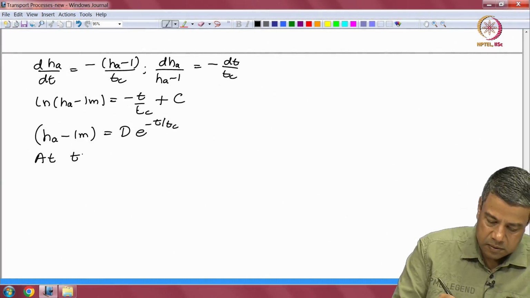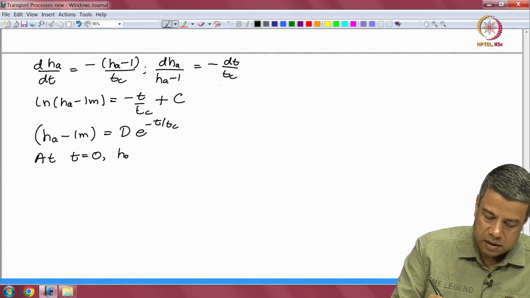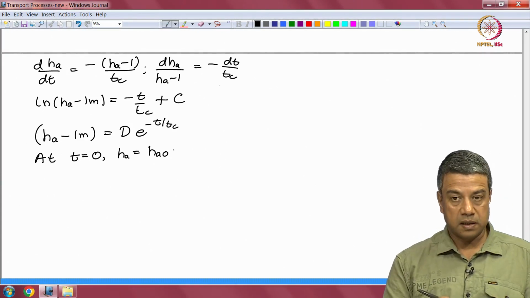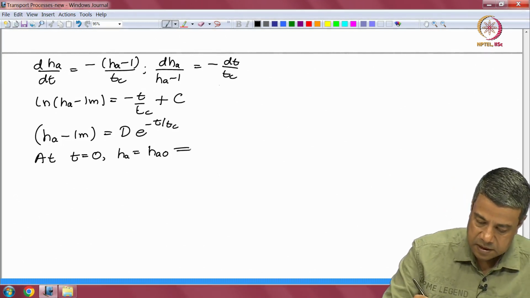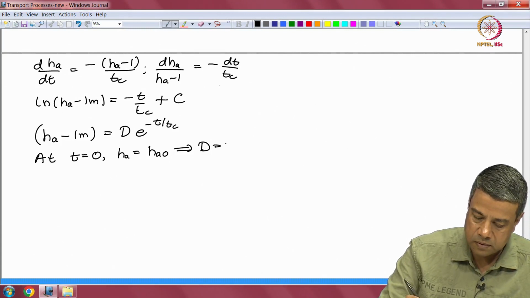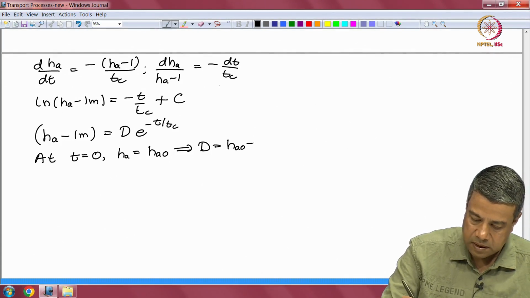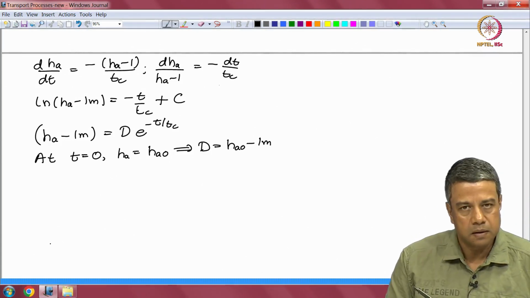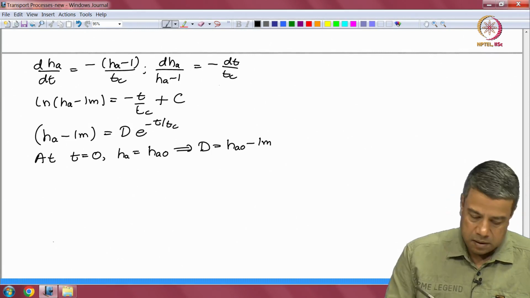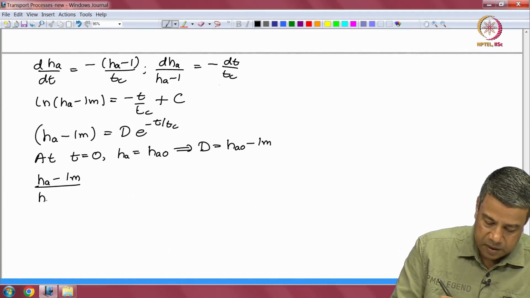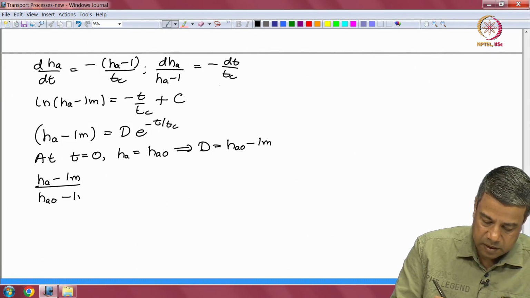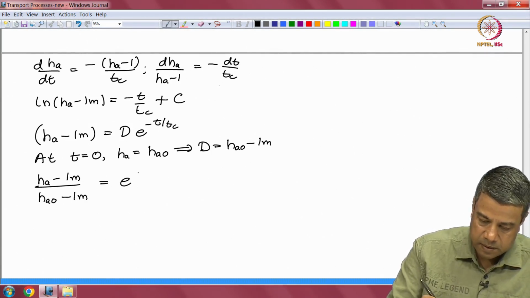At t is equal to 0, HA is equal to HA naught, the initial height, that was 3 meters. So, at t is equal to 0, the constant is equal to HA naught minus 1 meter. Therefore, HA minus 1 meter by HA naught minus 1 meter is equal to e power minus t by Tc.